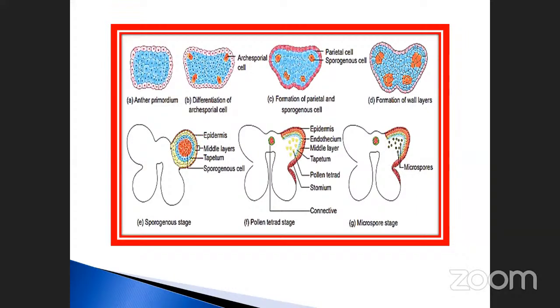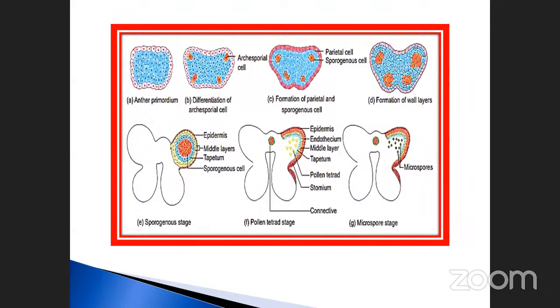The four corner cells also, before that stage, divisions also take place. As a result, they move to the corners, isn't it? That's why it is a bulge-like structure here. After that, the parietal cells, otherwise called the sporogenous cells, also undergo further divisions.